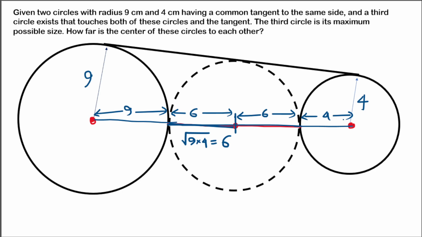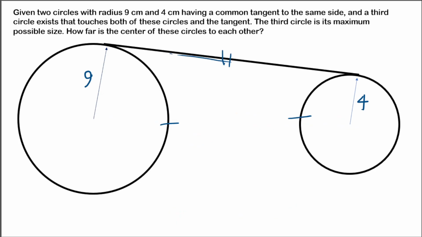So we add all of them up, it will turn out to be 9 plus 6 plus 6 plus 4. So this is simply 25. So the first two circles need to be apart by 25 centimeter in order to accommodate the third circle, which is tangent to both these two circles as well as this common tangent, and has maximum size possible.